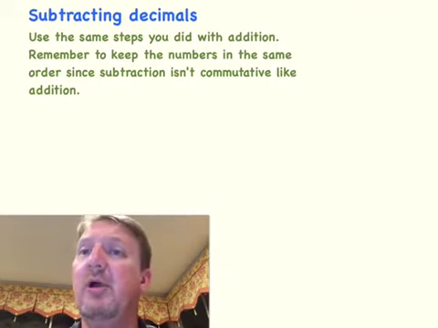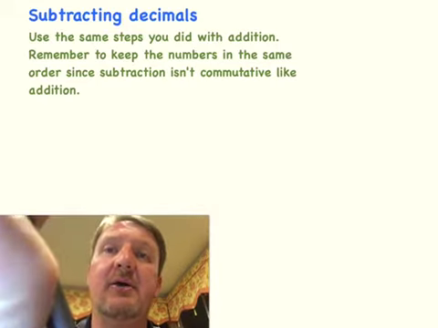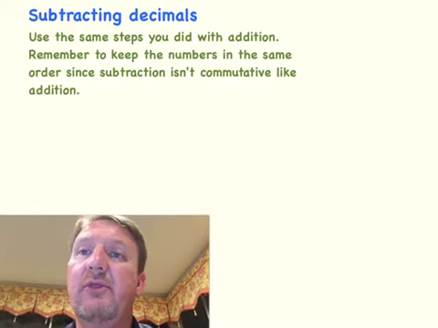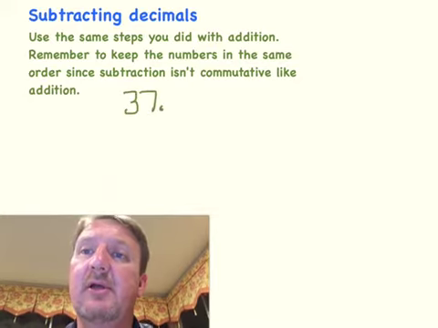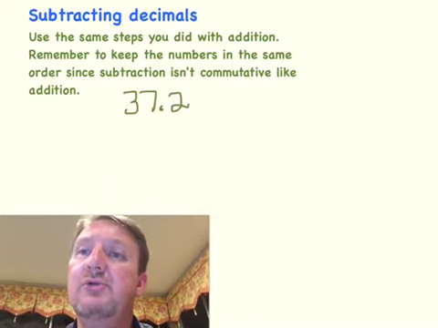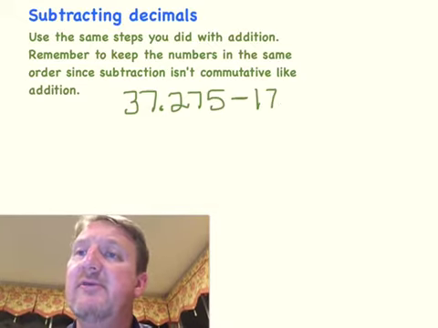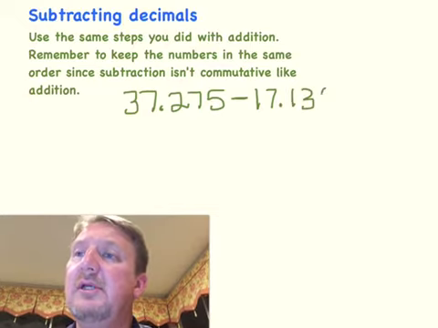So the problem that we're going to work with right now is 37.275 minus 17.13852.